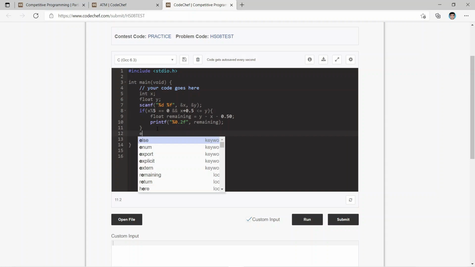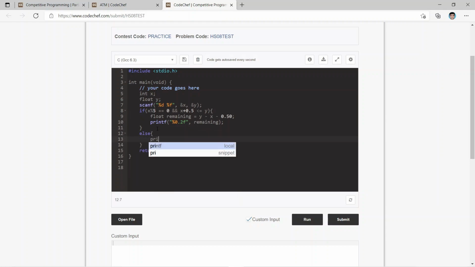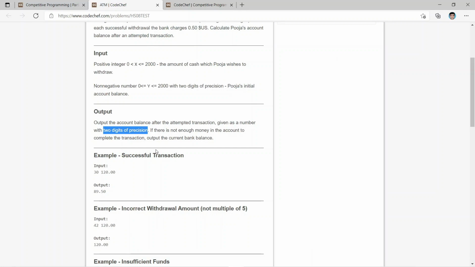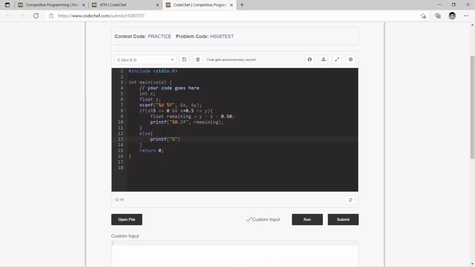Else, we have to just print the current balance as given here. In case she isn't able to withdraw, we have to output the current bank balance. So %0.2f again, and this time it is y.